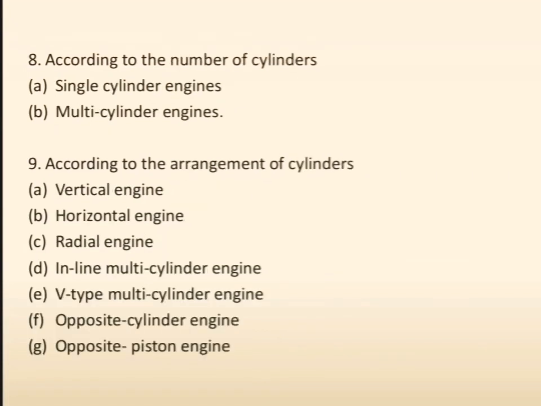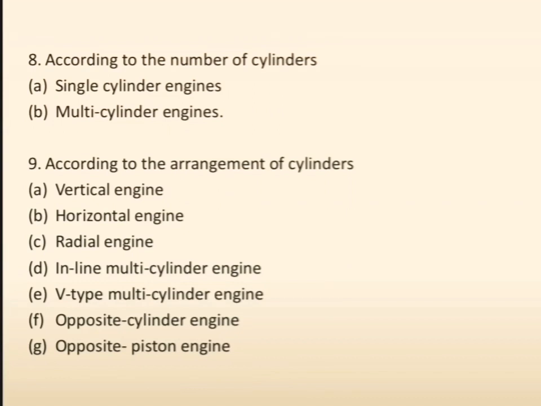Now according to the number of cylinders, there are single cylinder engines or multi-cylinder engines. In case of single cylinder engines, if the power requirement is less, it will be done with the help of a single cylinder system. But if the power requirement is higher, the number of cylinders will be higher.